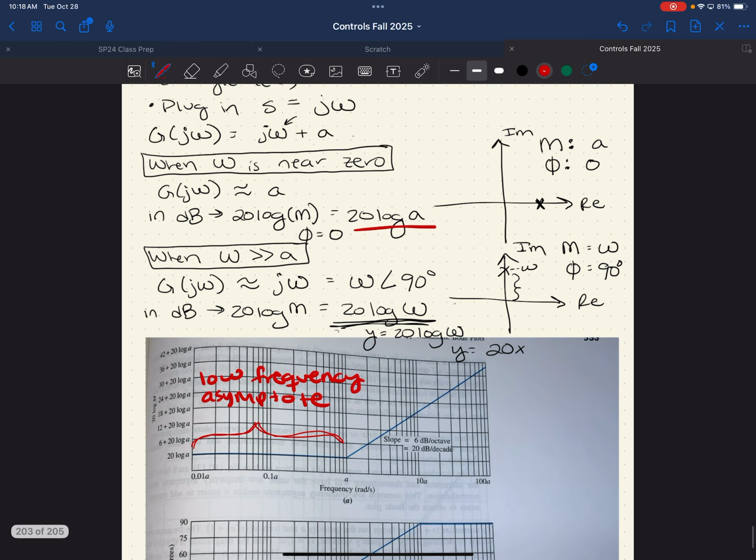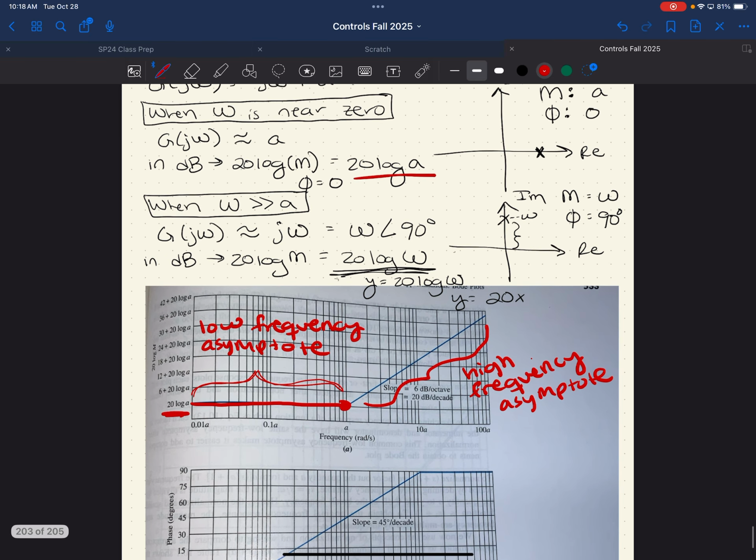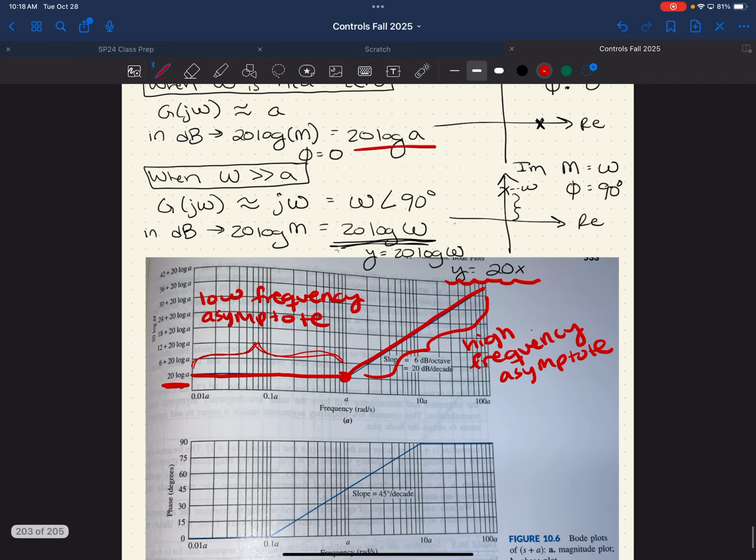Is that what we see? Yeah, our plot's up here at 20 log A. Within this region, however, this is what we call our high frequency asymptote. We get this equation here, 20x, or magnitude is equal to 20 log omega.